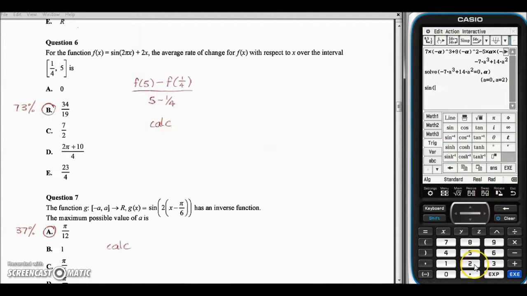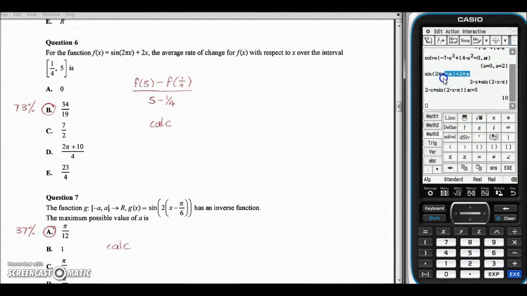So sine of 2 times pi times, I'm actually just going to put x in for now, plus 2x, and we're going to use the given that button, we want to sub in 5, and we want to sub in 1/4. So not necessarily the quickest way to do this, but I just want to play around with the given that button.